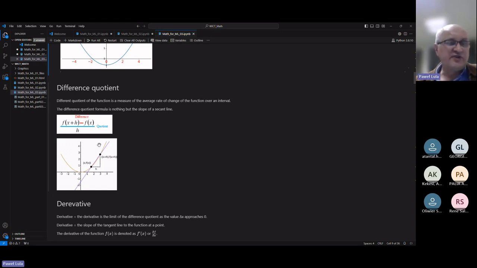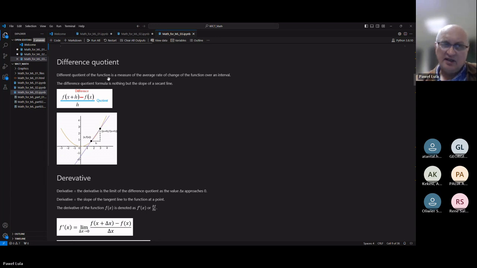So using this formula, we can calculate the slope of this line, which we can see here. And this value is named the difference quotient.